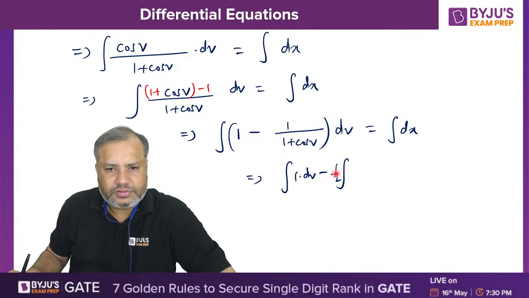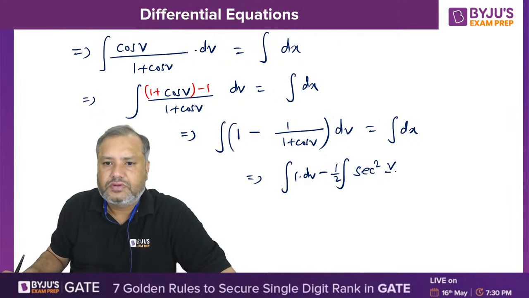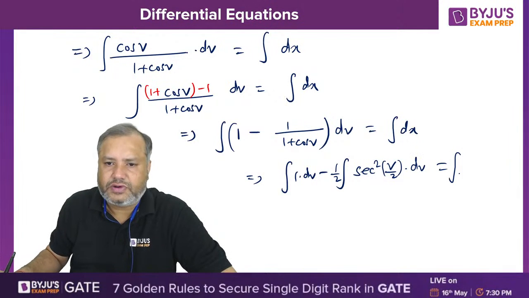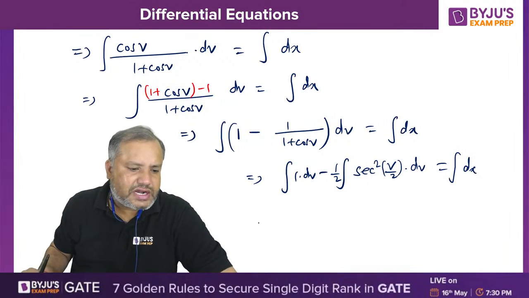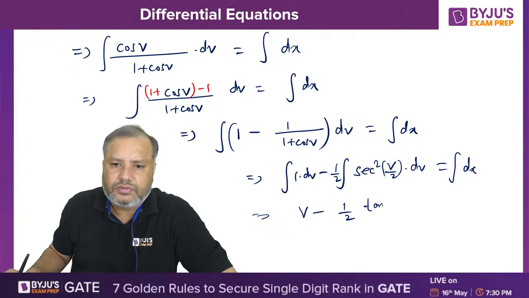So 2 out, 1 by 2, and cos square v by 2 in the denominator, this will become sec square v by 2 dv equal to dx. Now you have a standard formula. Integration of 1 will be v minus 1 by 2, and this is simply tan v by 2 equal to x plus c.